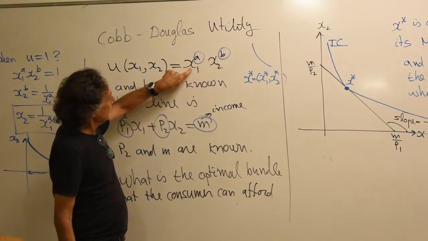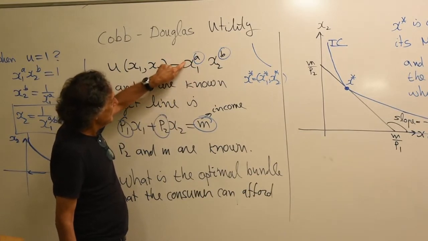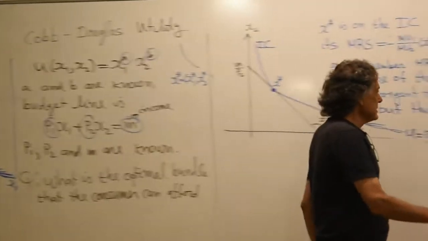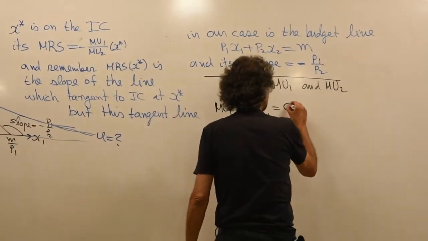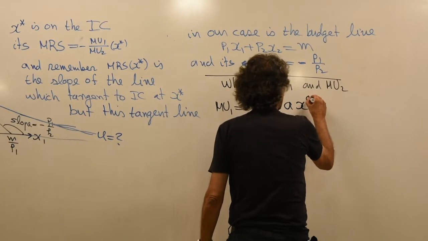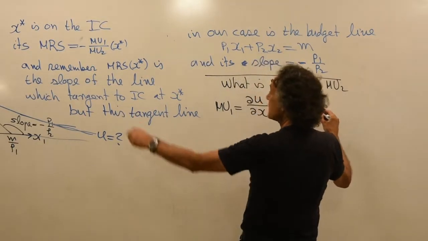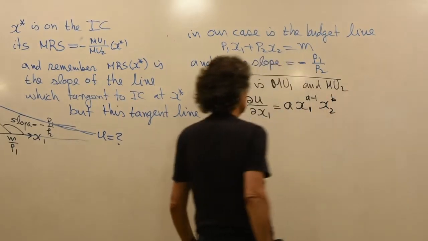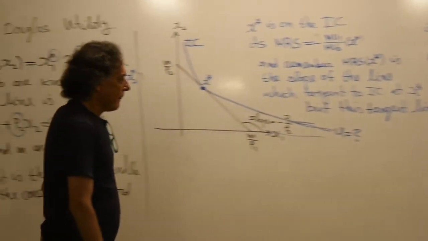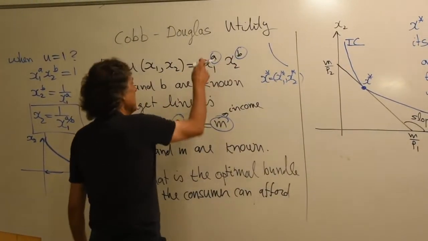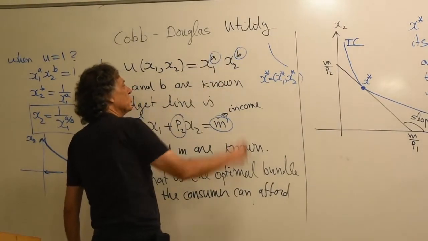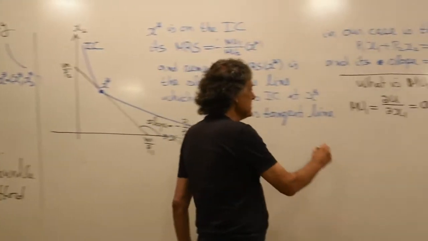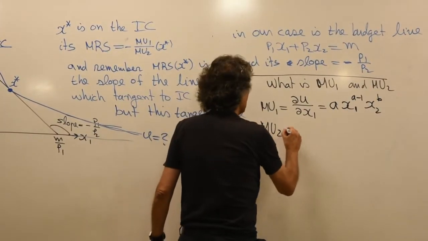But what is the derivative of this? I take the a out, and the power is a minus 1. So this is a x1 to the a minus 1 times x2 to the b. I take the a out and subtract 1 here. That is a constant for me.